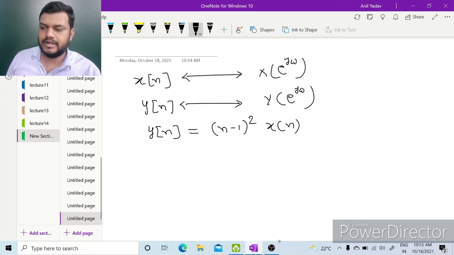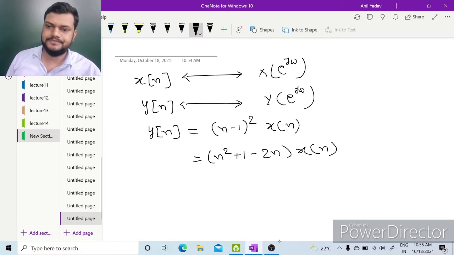Then we have to find Y(e to the power j omega) in terms of X(e to the power j omega), meaning the DTFT of y(n) in terms of the DTFT of x(n). So it will be (n square plus 1 minus 2n) times x(n). This will be n square x of n plus x of n minus 2n x of n.